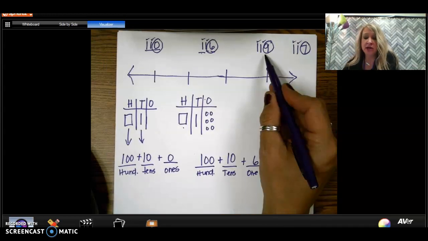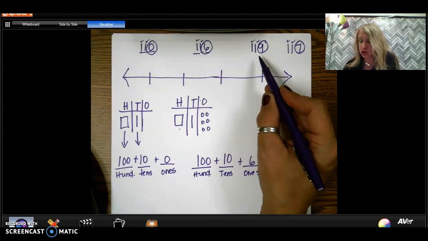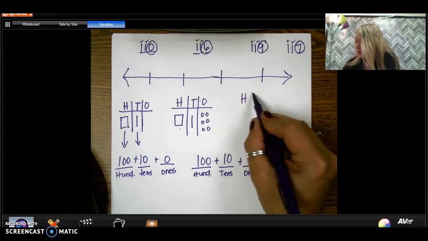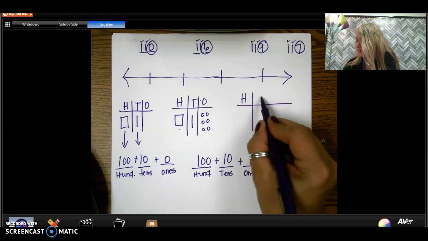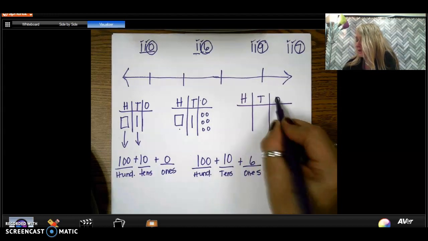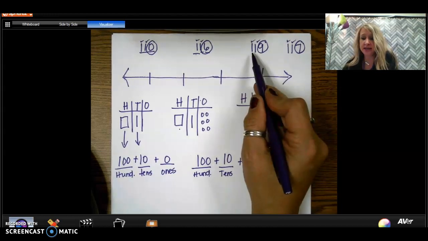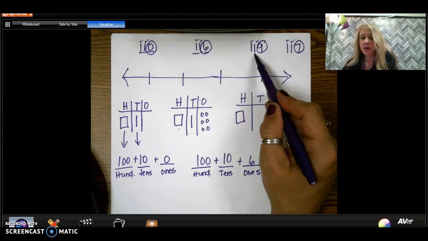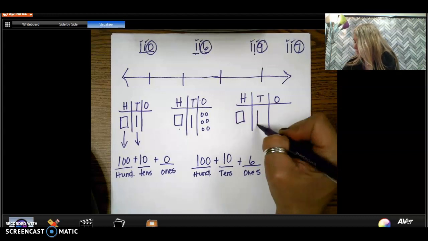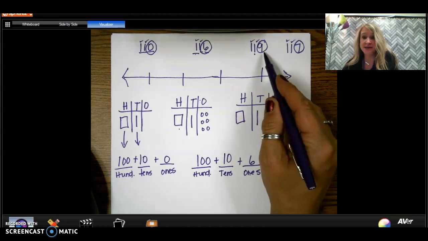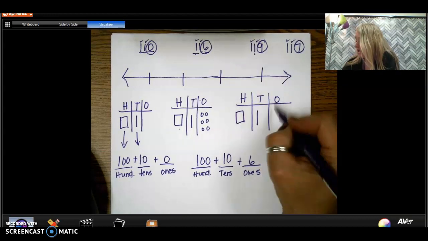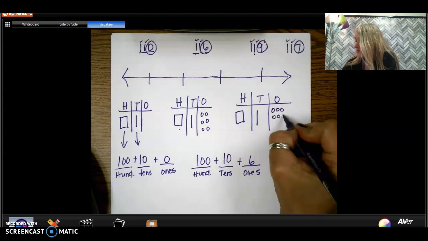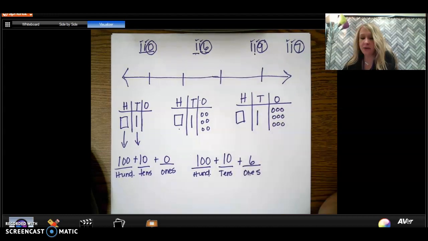Now let's show 119 with our picture. Hundreds, tens, ones. How many hundreds in 119? 1. We already know that because they're all the same. How many tens? 1. But the ones are different. How many ones? 9. 9 ones.